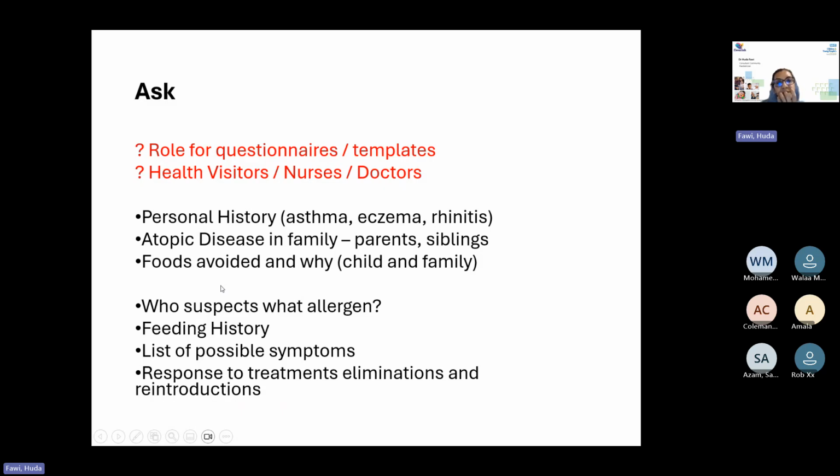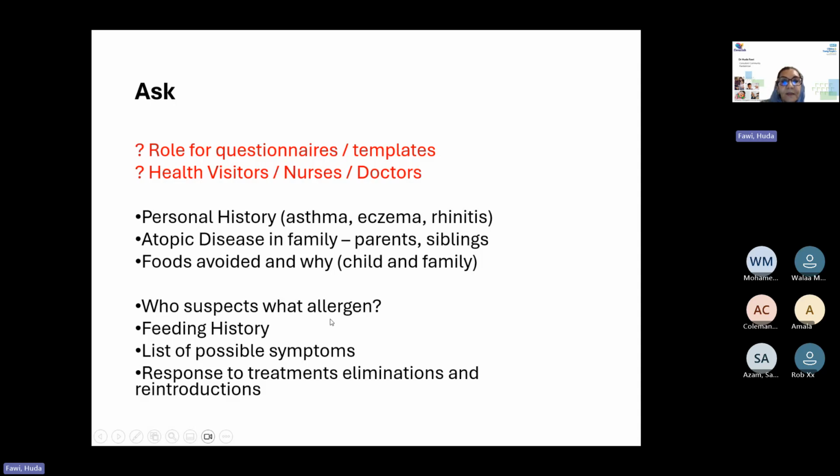The food in contact with the mouth will cause itchiness and there will be an aversion. Some families avoid foods because of their lifestyle. So we've got vegan families that don't eat milk, and those foods are avoided. So it's important to be aware of what food is avoided and why, and who suspects the allergen.